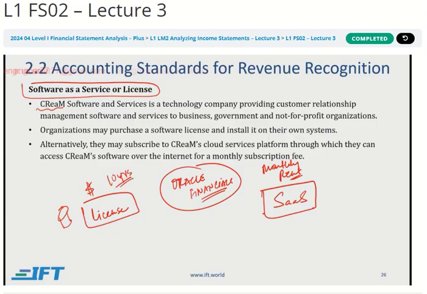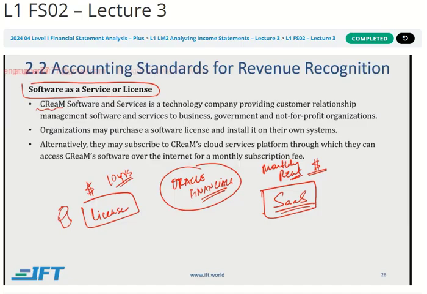Now the question is, how should Oracle recognize this revenue? One thing they can do is, if you're going for the software as a service model, whatever monthly rental is due, they will recognize the revenue of that, and when you pay it, they will be setting off that accounts receivable and receiving the cash.